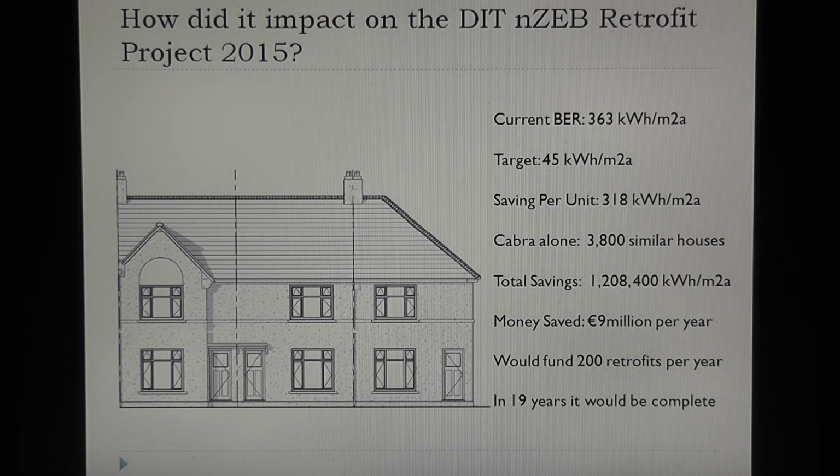NZEB target of 45 kilowatt hours per meter squared per annum, which is the NZEB standard for new build, and we chose to apply it to a retrofit project of this kind.